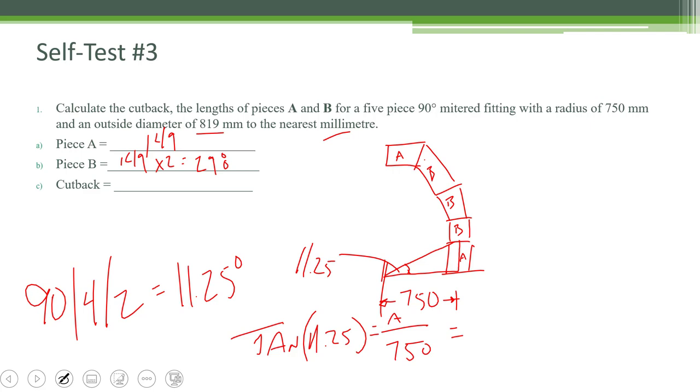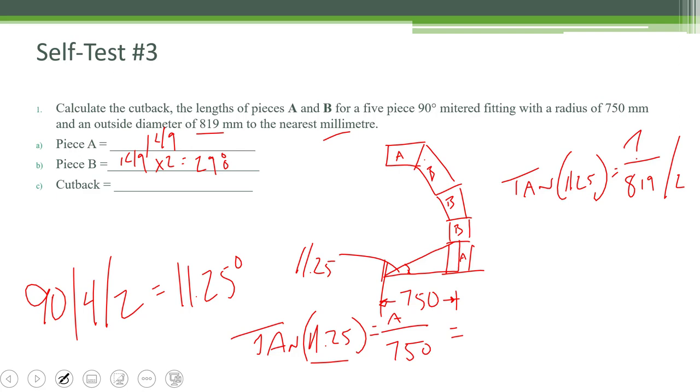Okay, and to find my cutback, how I do this is I just use the same angle, so it's tan of 11.25 is equal, I don't know, over 819 divided by 2.